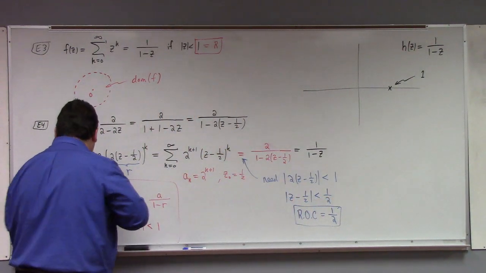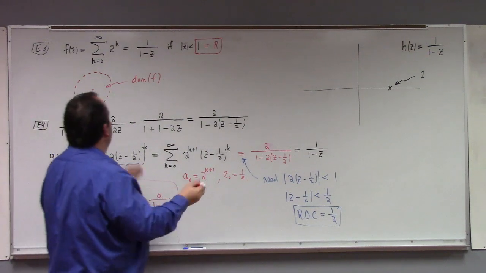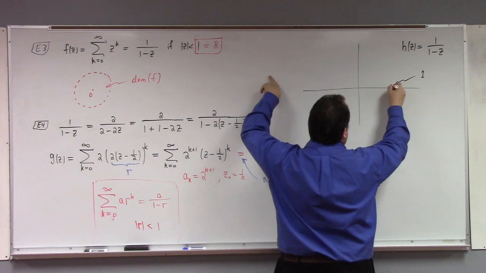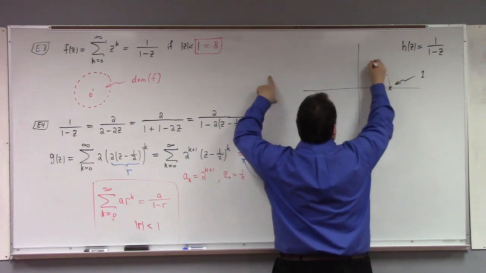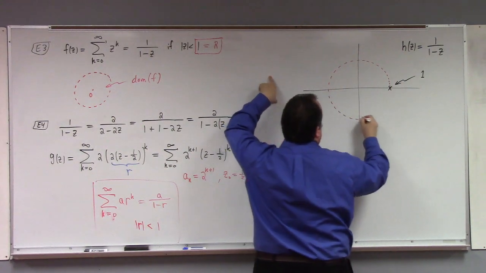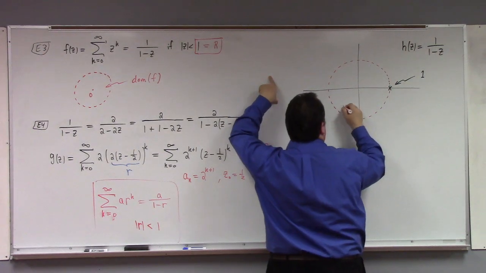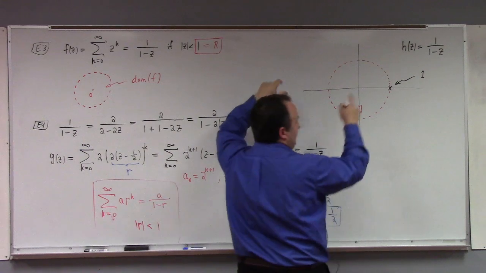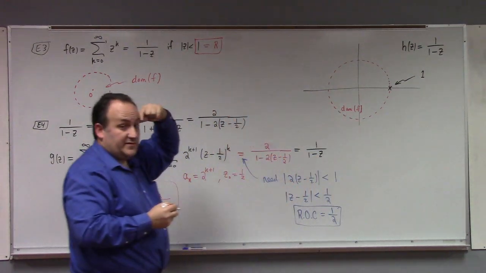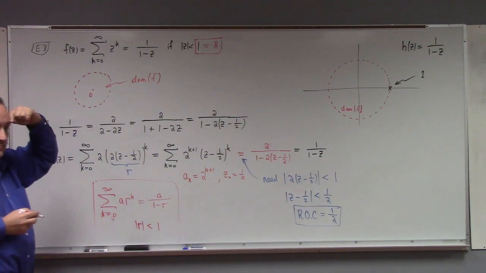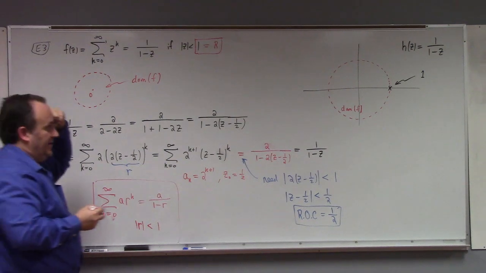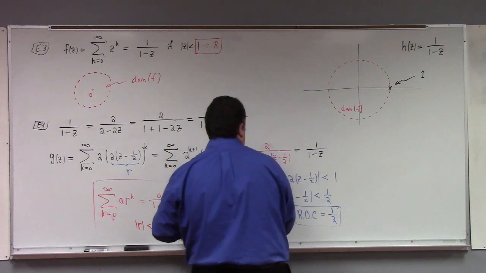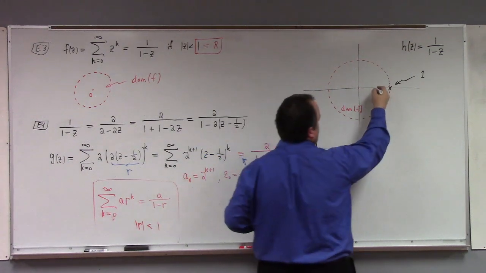If I picture example 3, here's the domain of f. That's the domain of the power series representation of h centered at 0, right? And on the other hand, this one is centered at 1/2.